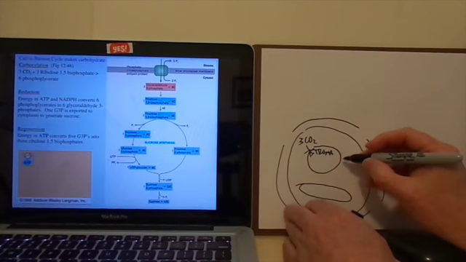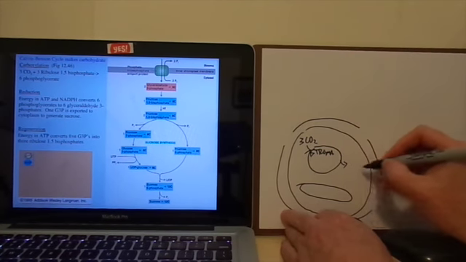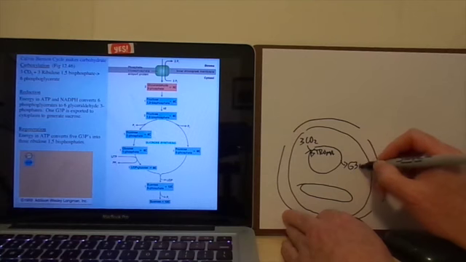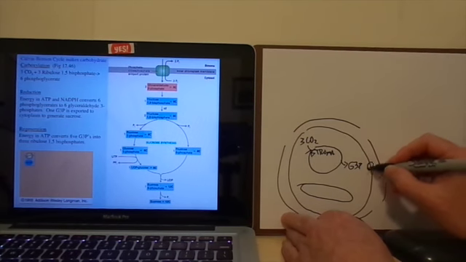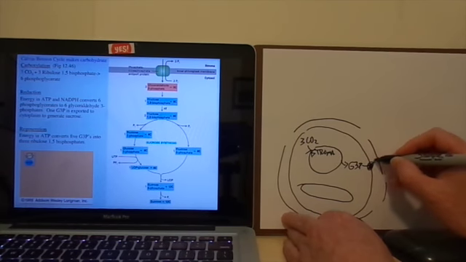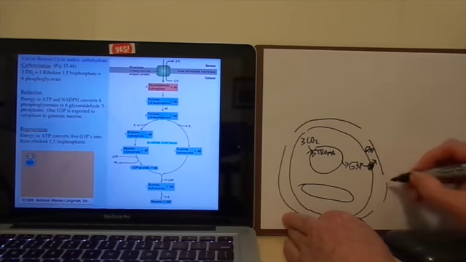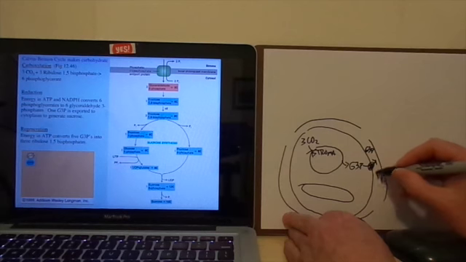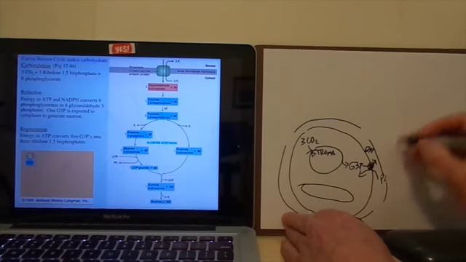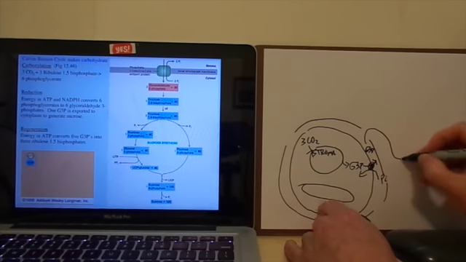You need to know more than this. You need to know what I just taught you. And this is G3P. Here's the transporter that exchanges G3P for phosphate. And then the G3P can make its way out into the cytoplasm.